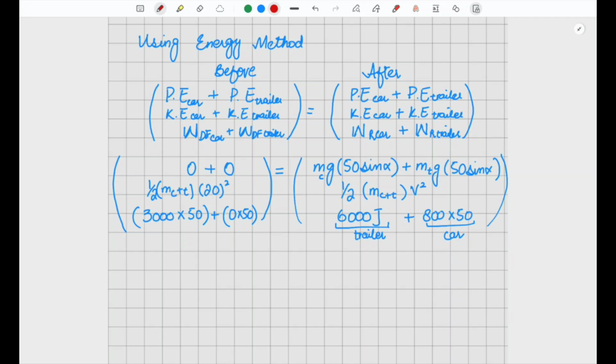We need to copy it once more because we need to substitute the masses.